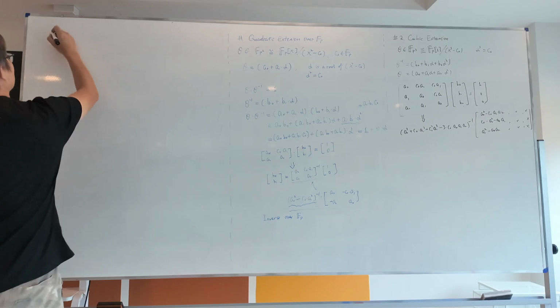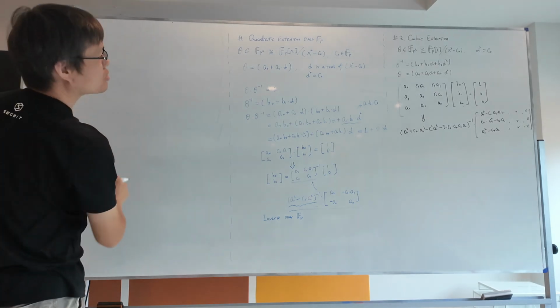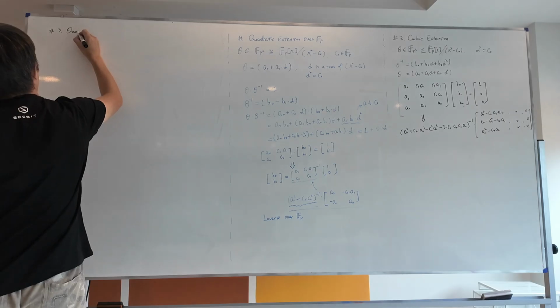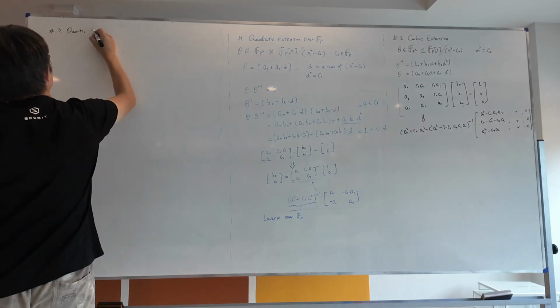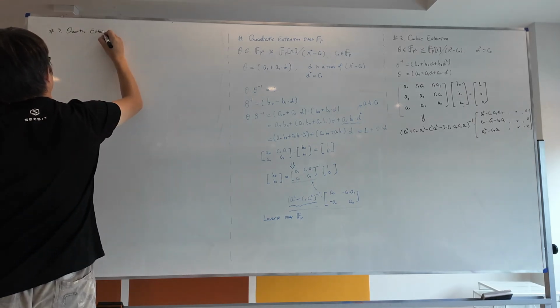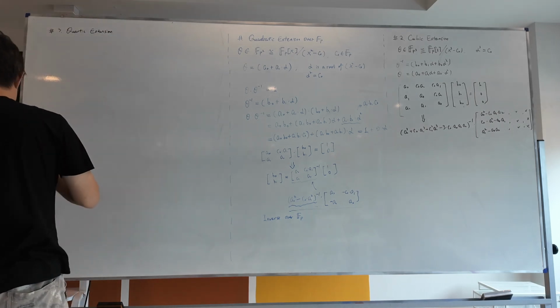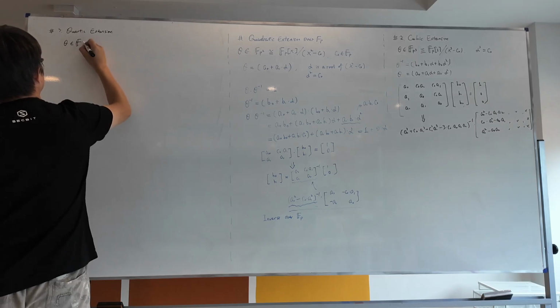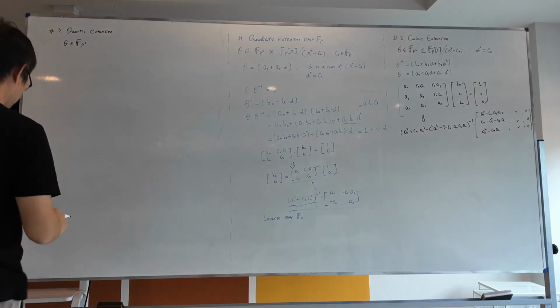The quartic extension. For example, we have theta from Fp to 4.